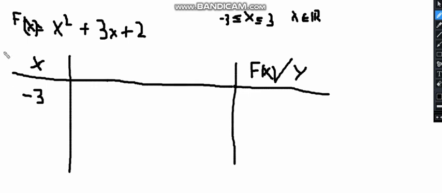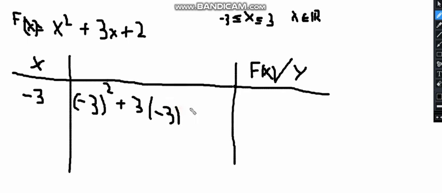Then if we input in -3 into this function here, to get the output, we're going to have to square it, and then do this, and then add 2. That's going to be 9 plus 9. So -3 times -3 is 9, but then 3 times -3 is -9. So it's going to be 9 minus 9, which is 0, plus 2, which is 2.